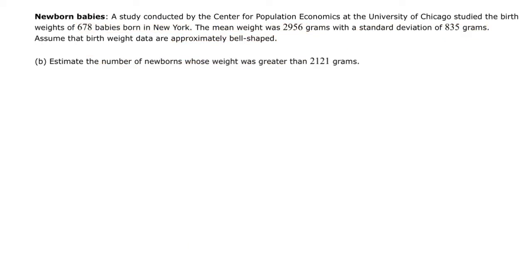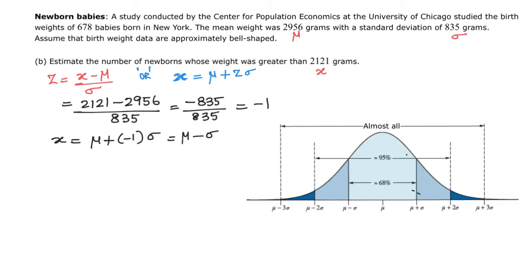Let's look at another example. We need to estimate the number of newborns whose weight was greater than 2121 grams. First we will find out how many standard deviations away from the mean this value is. Since z is equal to -1, that means it is mu plus -1 times sigma, so it is on the left side.